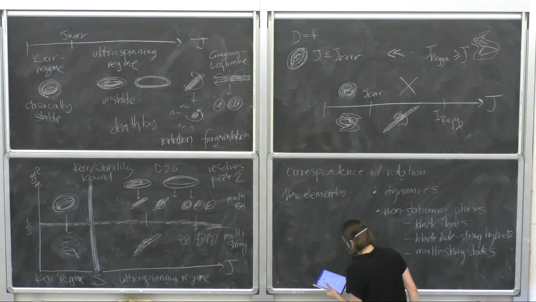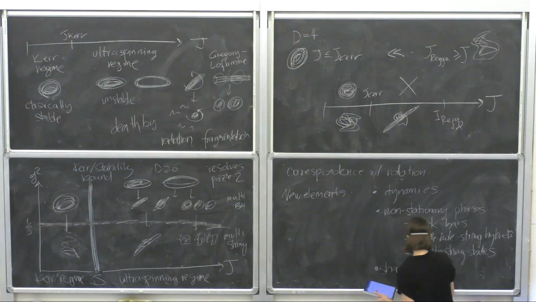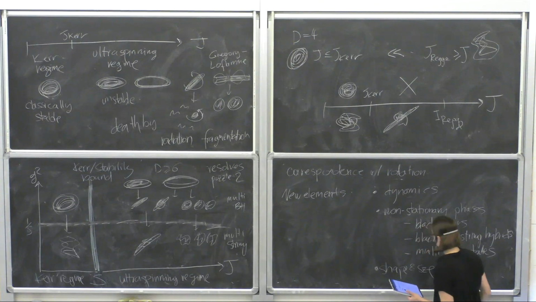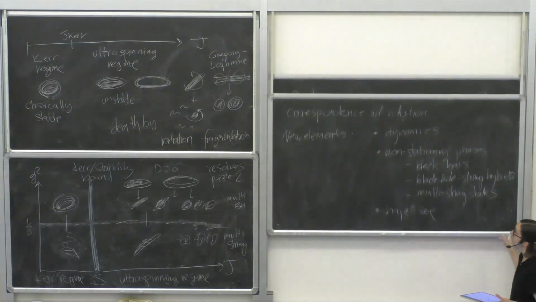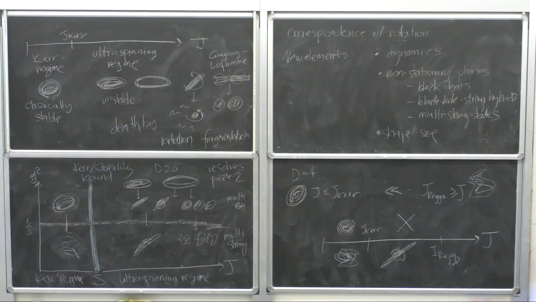And another thing that we're going to talk about in a moment is we have to look at the shape and size of black holes and strings with rotation. Okay?